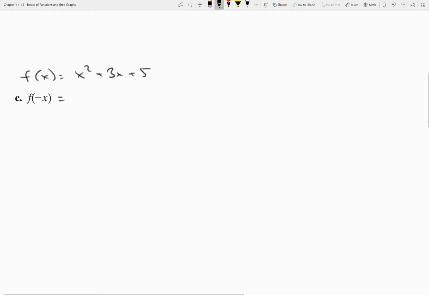So we're going to input negative x into each variable just like we did with x plus 3. The difference here is that the negative is getting squared as well as the x. So that turns into a positive x squared, but a negative 3x, and there's nothing different with the 5.